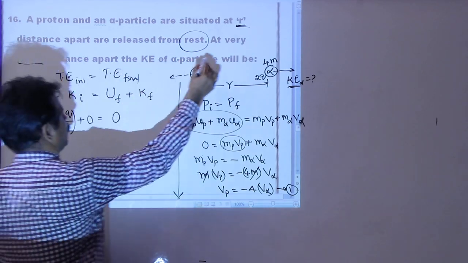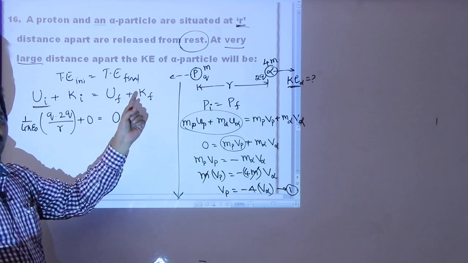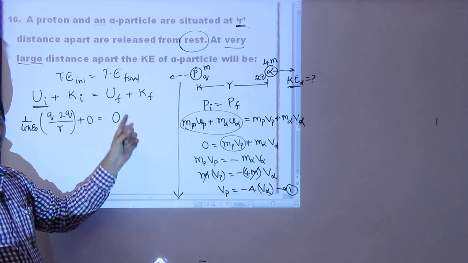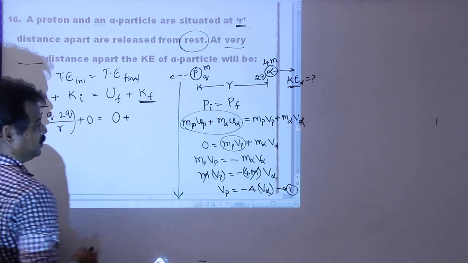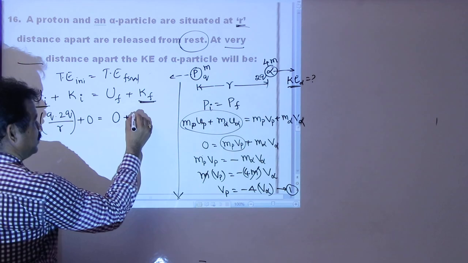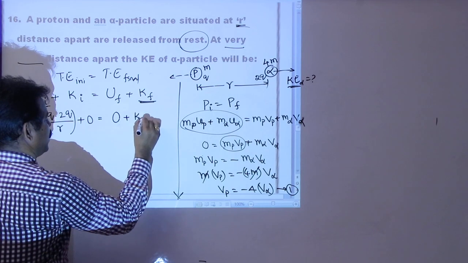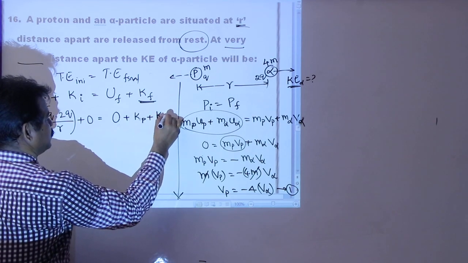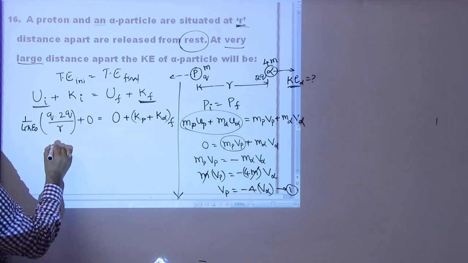This is also 0, but why? Because this is at a very large distance. So let me take it as infinite distance. This is 1 by 4 pi epsilon naught, q into 2q by infinite. So something by infinite will be 0, plus now the kinetic energy of this system, that is kinetic energy of proton plus kinetic energy of alpha finally.